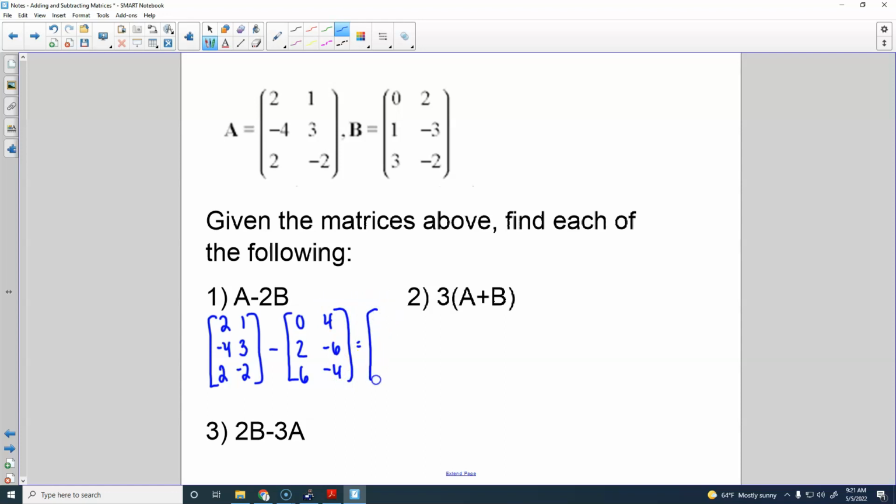And when I do that, that will give me 2, negative 3, negative 6, 9, negative 4, and 2. Leave it there.